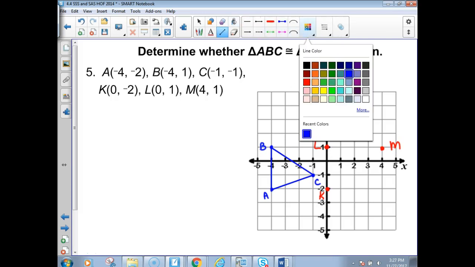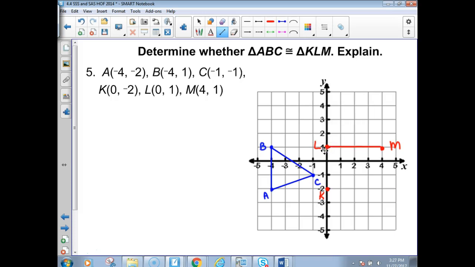I think we might be able to tell pretty quick. Well, why? Let's show why, though. So we're going to do a little distance formula. One thing, this other triangle looks bigger than the other one, doesn't it? I can count the lengths of these sides. 1, 2, 3, 4. And this one is 1, 2, 3. If I plotted it right.